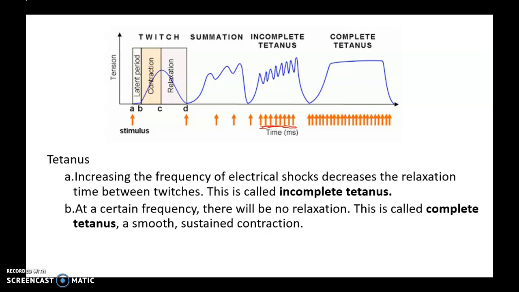And this is called incomplete tetanus. However, if we consider maximum frequency of stimulation, there will be zero relaxation. So there is absolutely no relaxation between the twitches, and we see a very smooth and sustained contraction, and this is called complete tetanus.